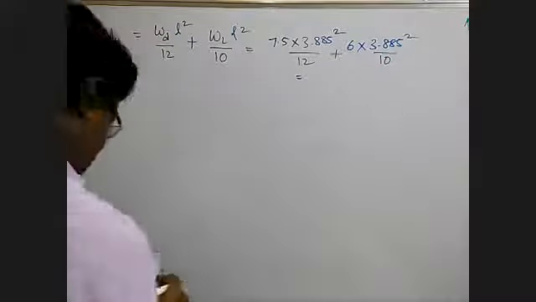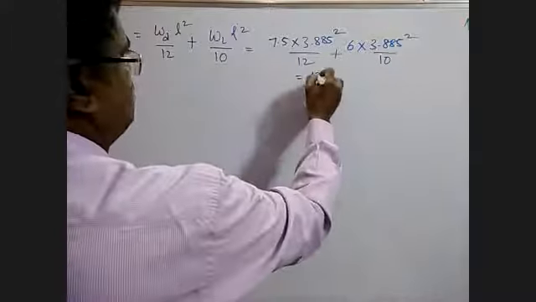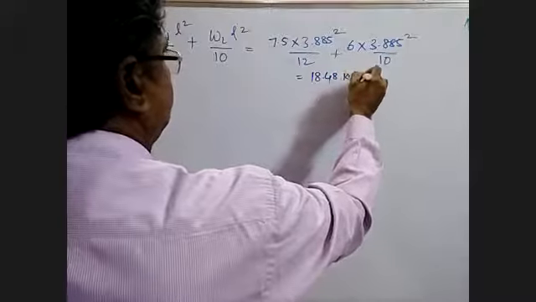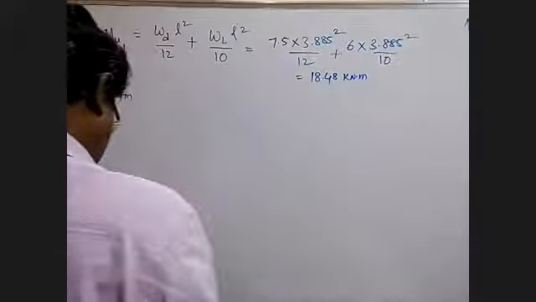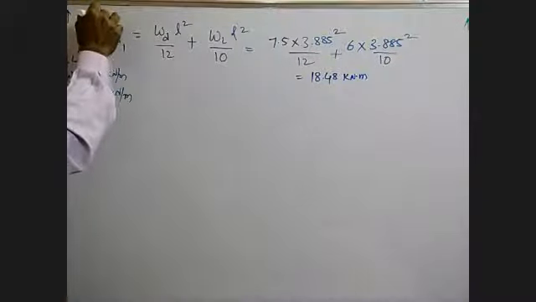It comes to 18.48, let us say 18.5 kilonewton meter. This is the maximum positive bending moment.